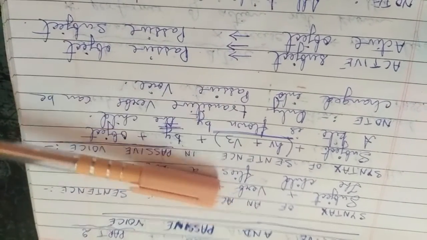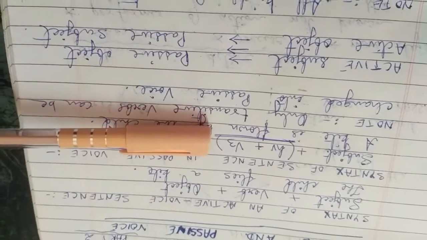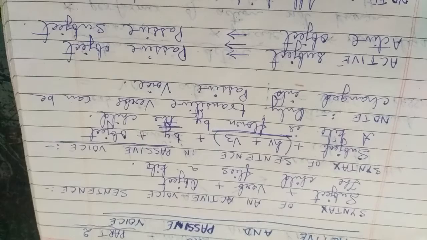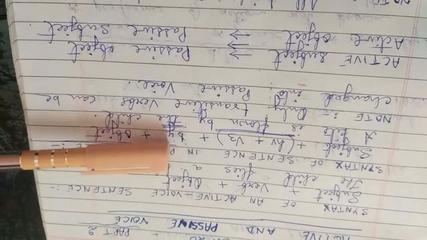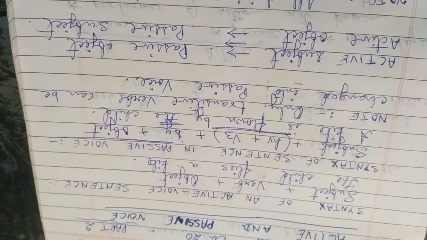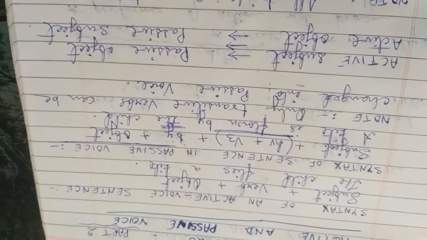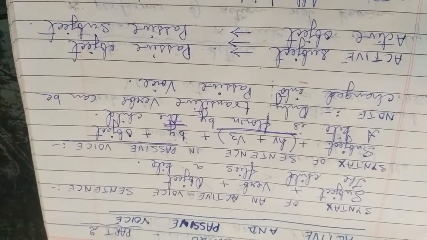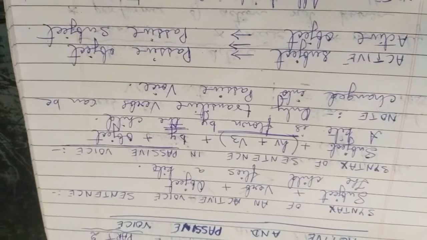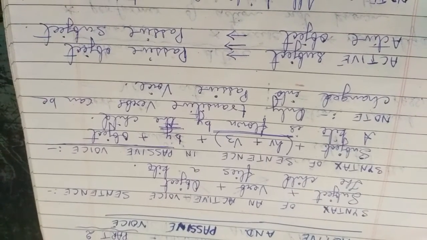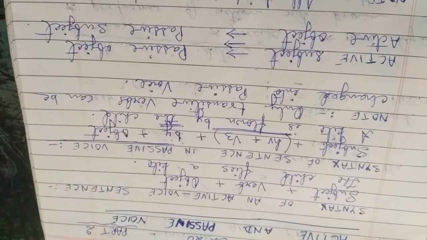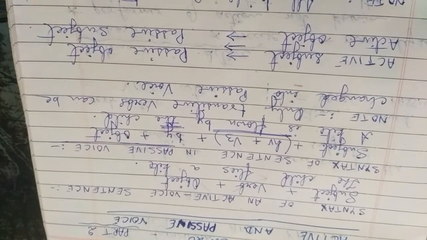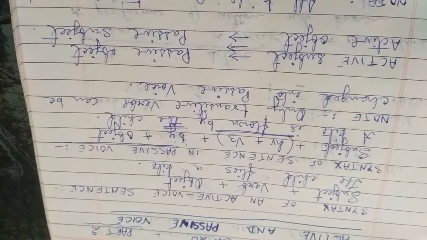Recall the root form, it changes into V3, just before V3 place HV, that is helping verb, and just after the V3 form you will have to introduce a new word, by. So in this case the resulting sentence in passive voice is: a kite is flown by the child. A kite is flown by the child.